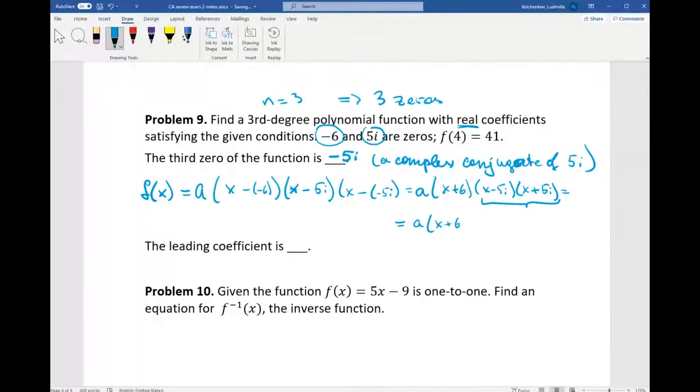A times x plus 6 times x squared minus 5i squared. And you know that i squared is -1, so we have it in the form x squared plus 25.